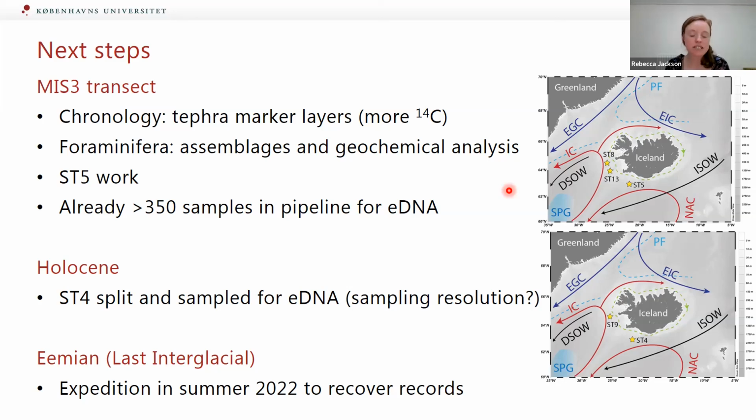There was a lot of detailed sub-bottom profiling, so we have good ideas where or how far down we would have to get into the sediment to recover Eemian sediments. So this is marine isotope stage 5, so 120,000 years ago onwards. And so it's a possibility that we might have some Eemian records coming.